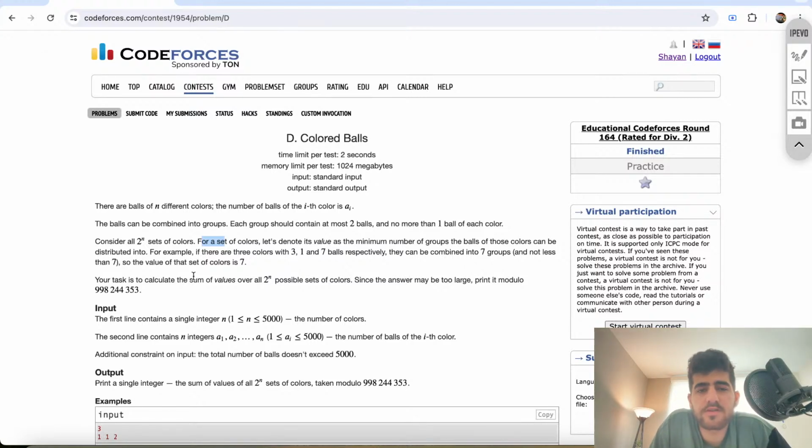For example, if there are 3 colors with 3, 1, and 7, I see. They can be combined into 7 groups and not less than 7. What does it mean that they can be combined into 7 groups?